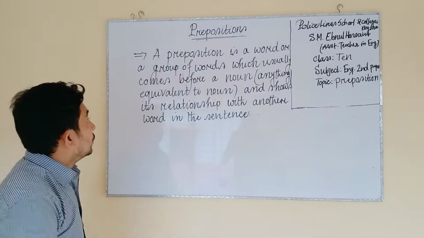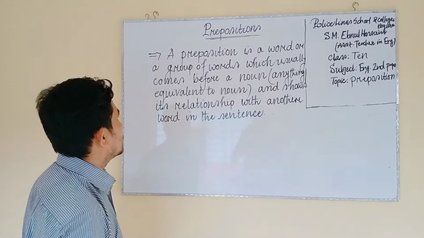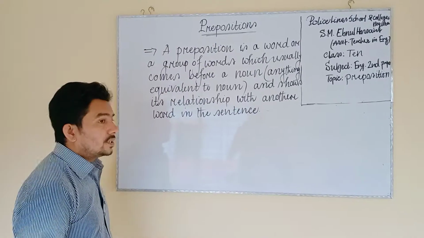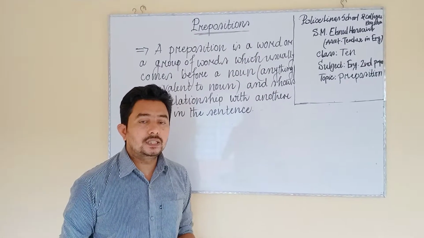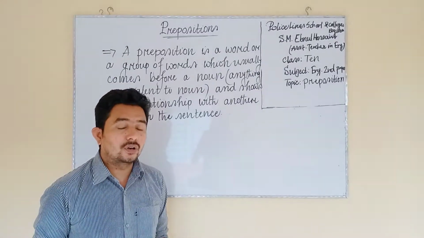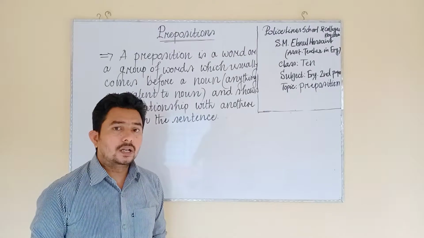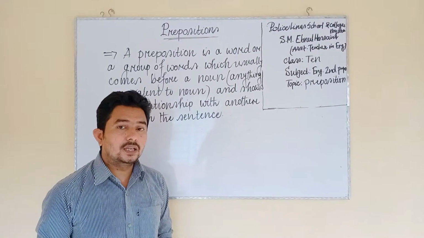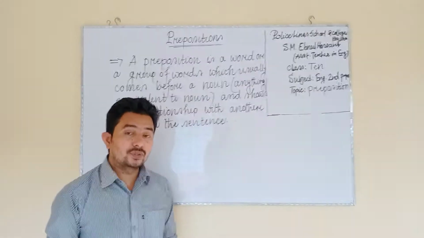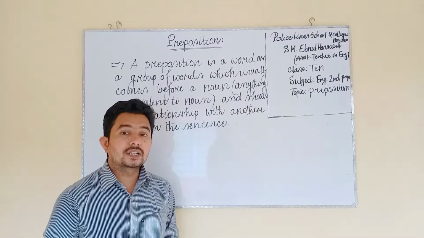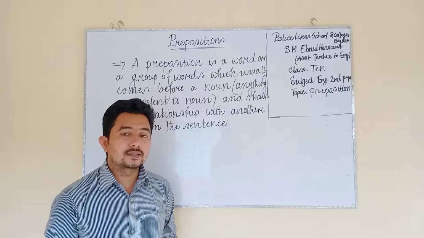So look at the board carefully, the definition of the preposition. A preposition is a word or a group of words which usually comes before a noun, or anything equivalent to a noun, and also shows the relationship with another word in the sentence.